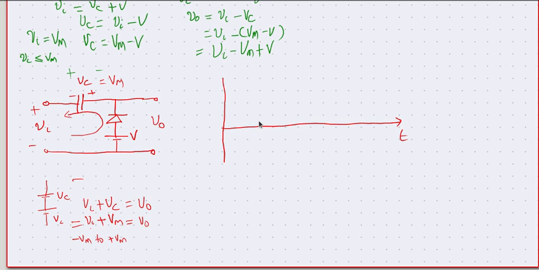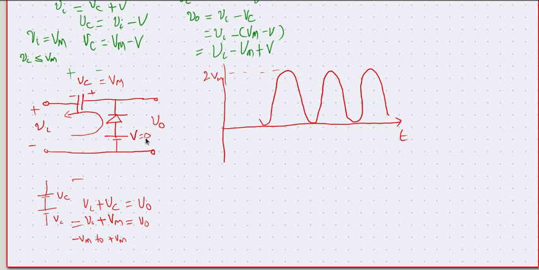In other words, the minimum value is going to be 0 and the maximum value is going to be 2 Vm, and so on. So this goes up to 2 Vm, and this is at 0. This is what happens when you consider this V equal to 0.